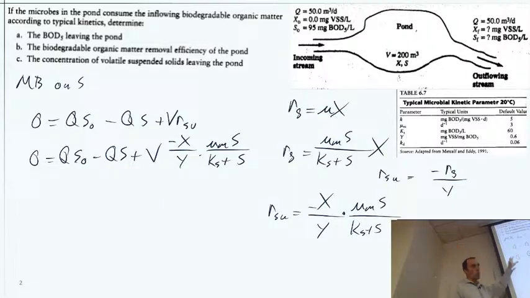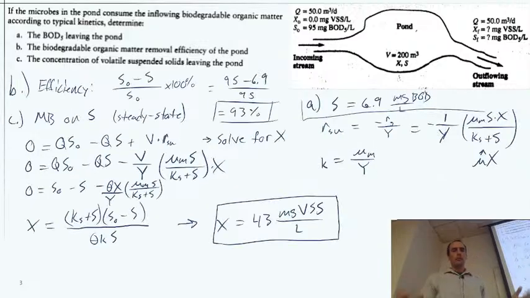And so last time we talked about the approach to C would be then to do a mass balance on S. Now that we have S, we can put S in where we need it and then solve for X. So that's what we would do next.